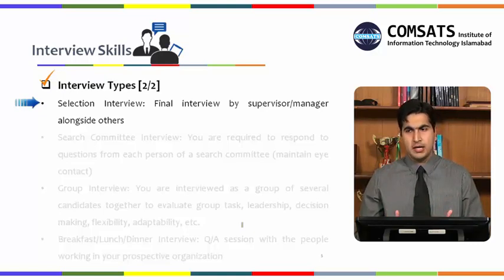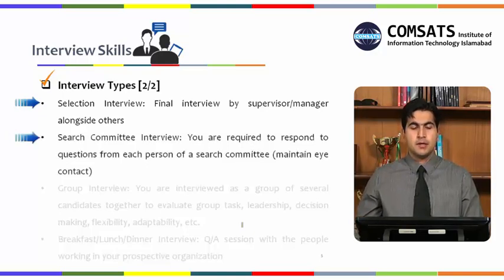They are sitting alongside the other people who already have interviewed you in the initial stages, and now they are going to be straight with you and they are going to be the ones asking some questions. So this is the final stage. If you have qualified within the previous stages, hopefully you would be able to do well once you are well aware of the environment. This is another category that you have to face once you are about to join an organization. So this is also one category of an interview.